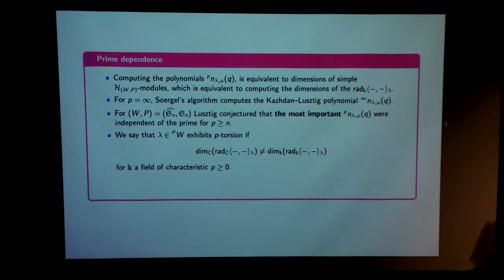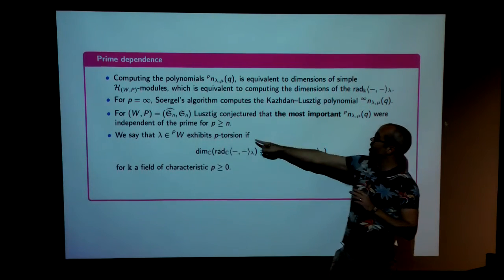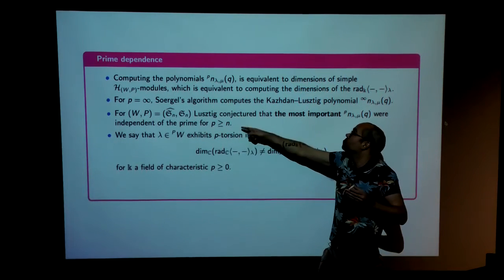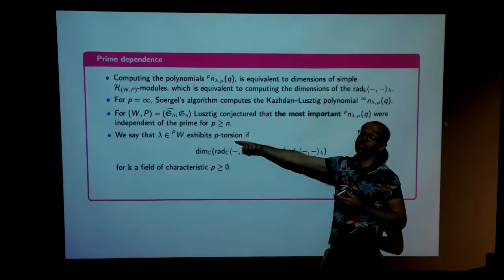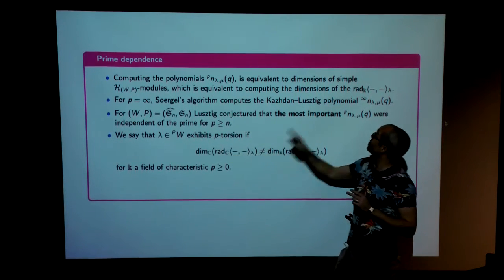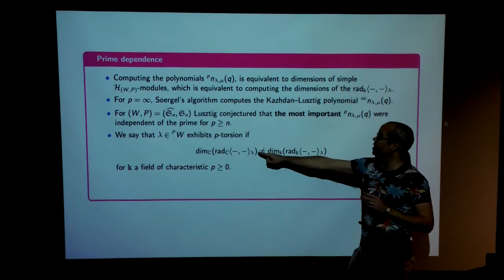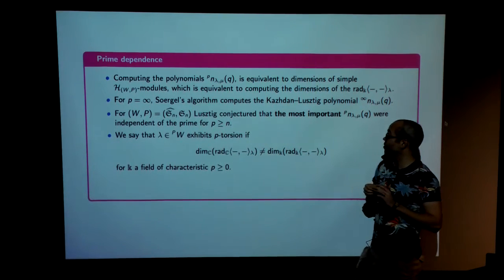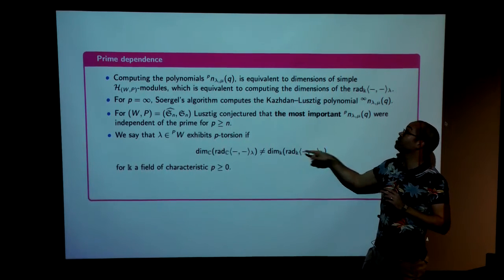Okay, now, it's not true. So let's talk about how we talk about the fact that this is not true. Well, we're going to say that there is prime dependence, there is p-torsion, if the dimension of this radical is different in characteristic zero over complex numbers to what it is over characteristic p.